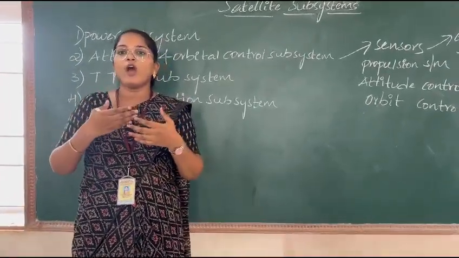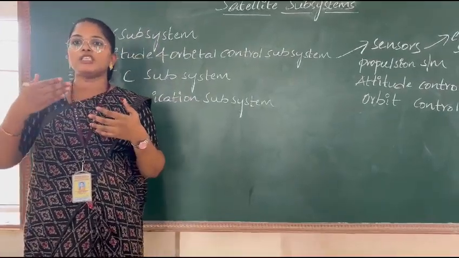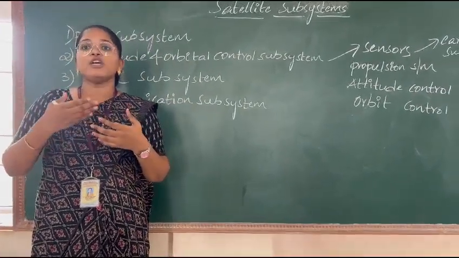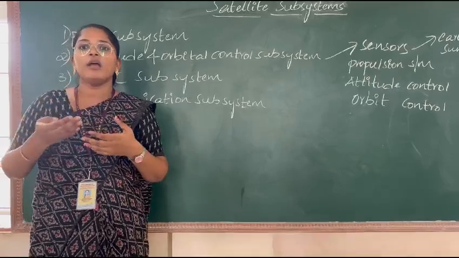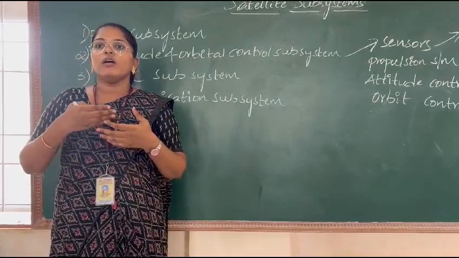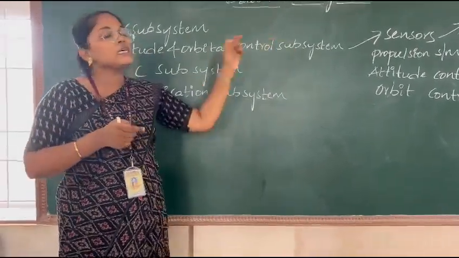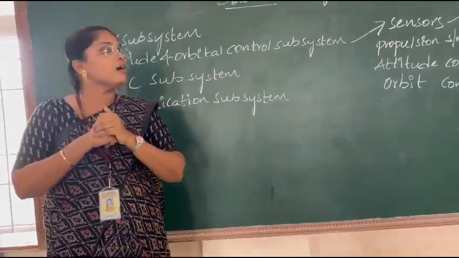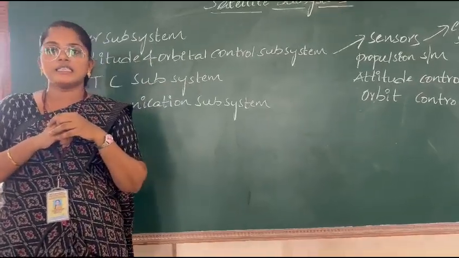These forces are asymmetry of Earth gravitational field, gravitation due to sun, planets and moon, pressure due to solar radiation, magnetic field of Earth. And in sensors, we have the earth sensor and sun sensors.